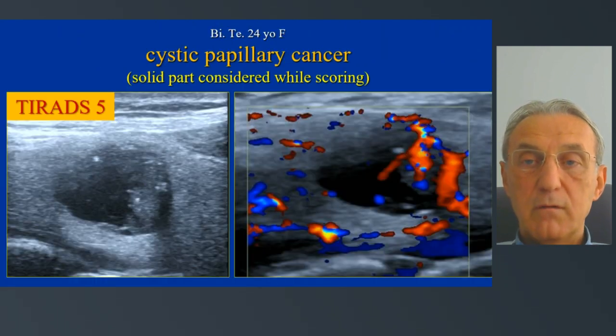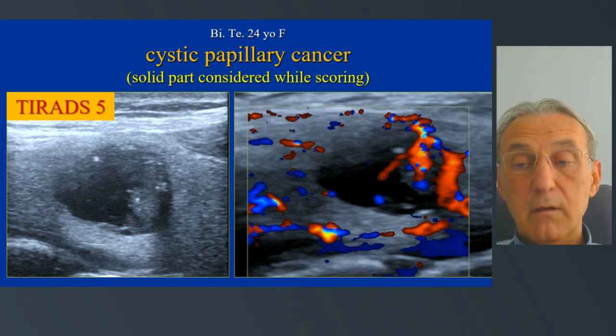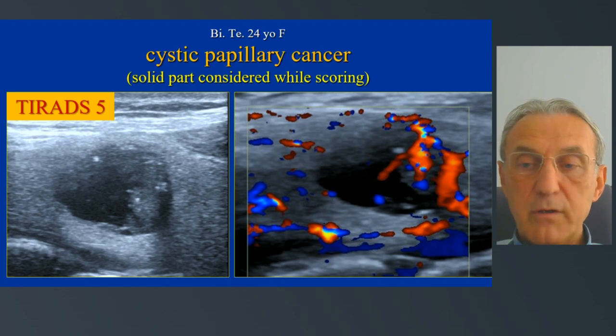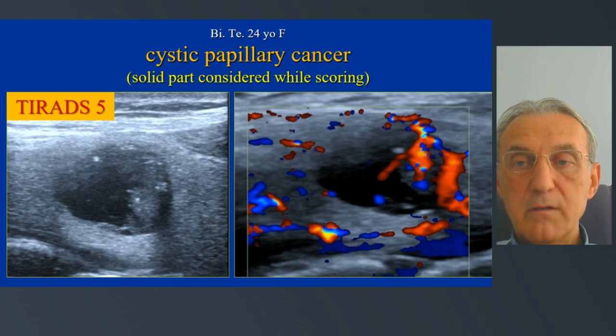Similar patient. This time the patient is younger, a 24 years old female. Although it seems similar to the previous case, you see vascularity, irregular borders, and it is partially cystic, but the result is cystic papillary cancer.